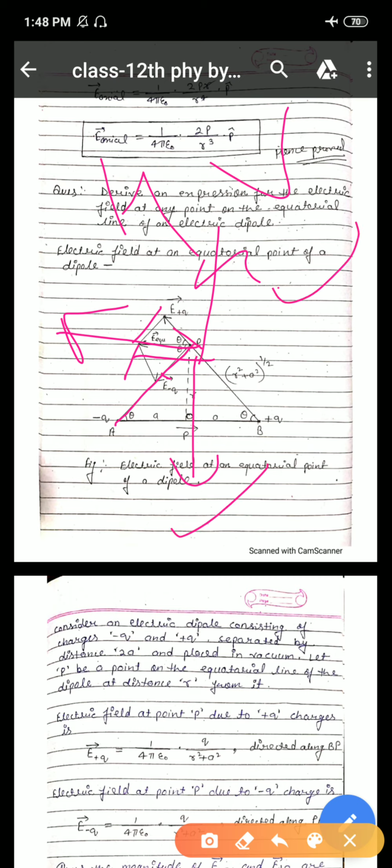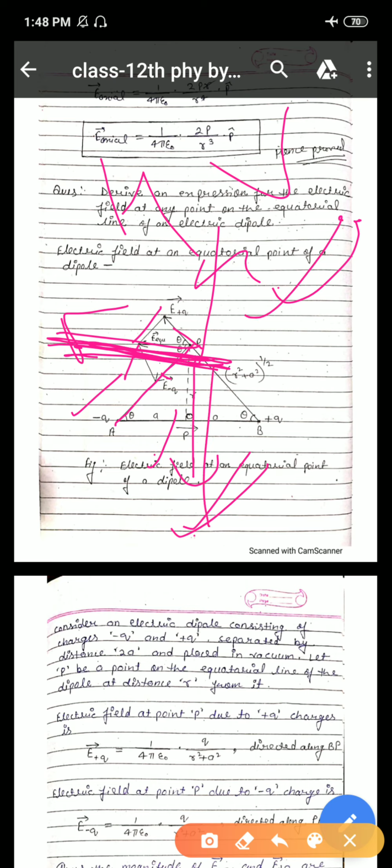So this one cancels out. Is it clear? This one is equal and opposite, then both cancel out. But here this one is due to electric field of minus Q and this one is due to plus Q. So the resultant electric field is the sum of both electric fields. Both the horizontal and vertical components of both charges are cancelled out because both are equal and opposite.